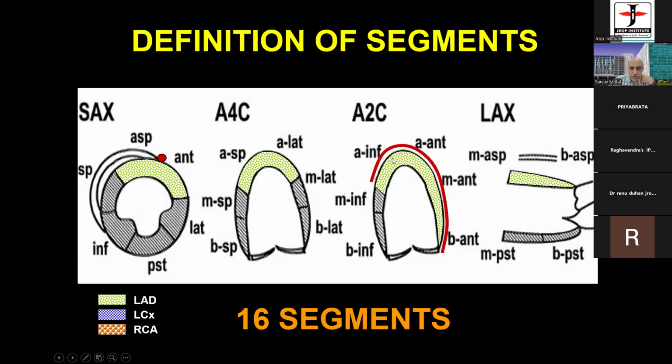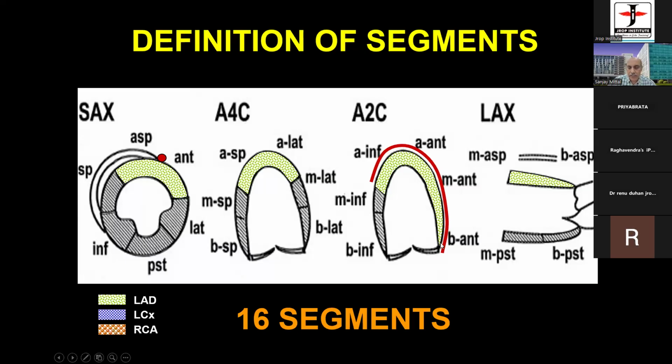So through the course of the LAD, the septal arteries would be supplying the anterior portion of the septum, and the diagonal branches would be supplying the anterior wall. So there would be the first septal supplying the basal segments, the second or third septals supplying the middle and the apical septum. And at the apex, we know it is the terminal portion of the LAD which is supplying.